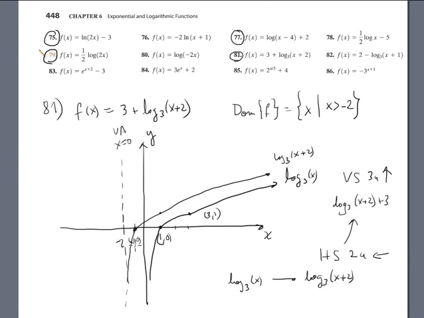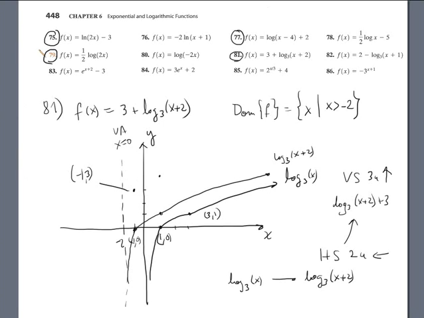So this point (-1,0) becomes (-1,3). 1, 2, 3 here. And one more point, this is (1,1). So you move 3 and it's (1,4). 1, 2, 3, 4 here.